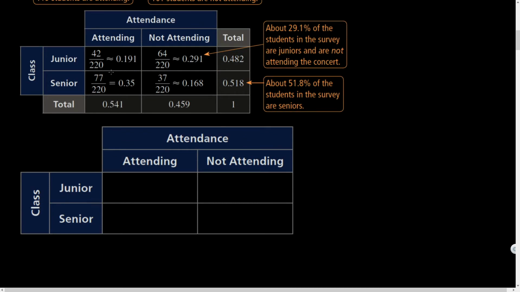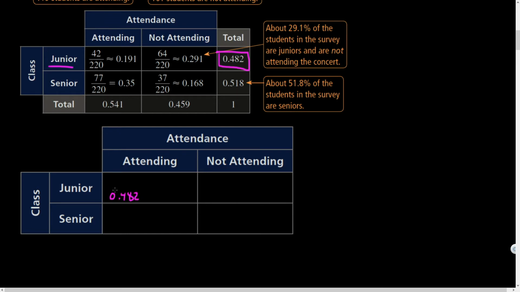I could have based it on the columns or the rows, and we're going to be using the rows. Since I'm calculating this based on the rows, I'm basically saying, what is the probability someone is attending given that I already know they're a junior, or the probability that someone's not attending given that I already know they're a junior.